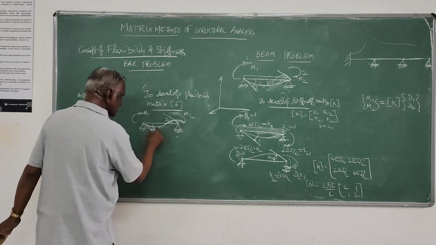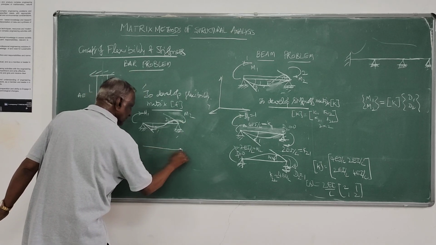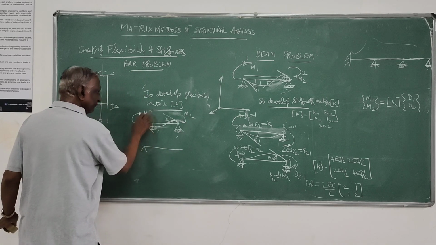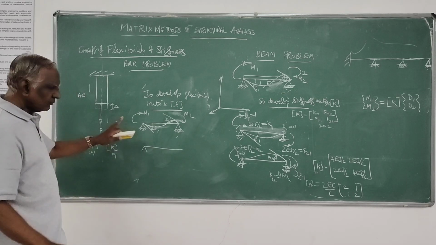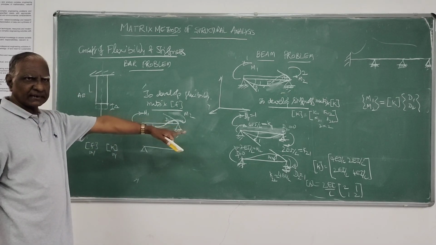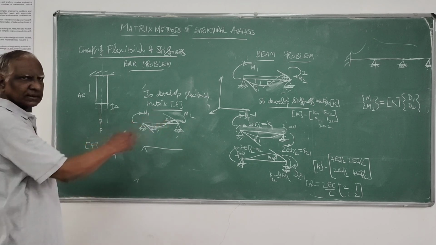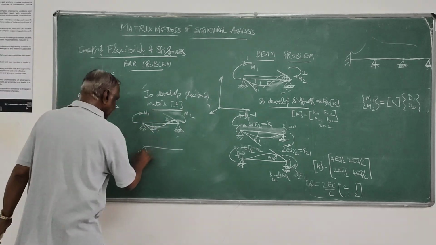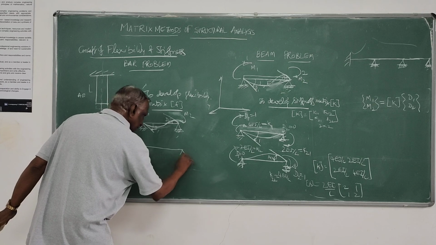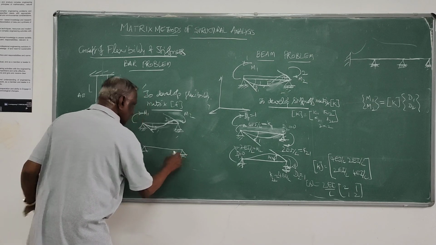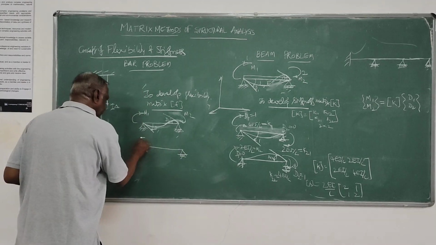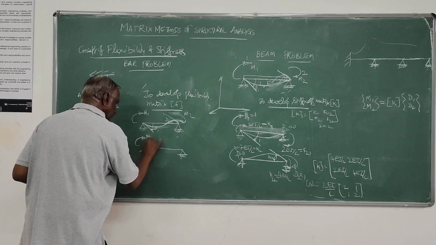So if I take this here also, first I will take them individually. I will apply this one by one as I did independently, and add them together, and I will get the flexibility relationship. So you take this simple beam as it is, individually, and you apply a unit force now.